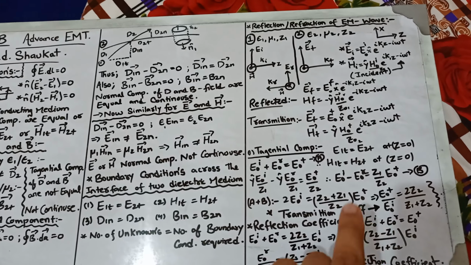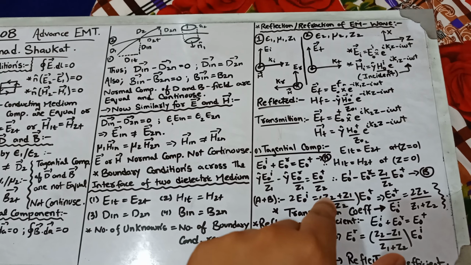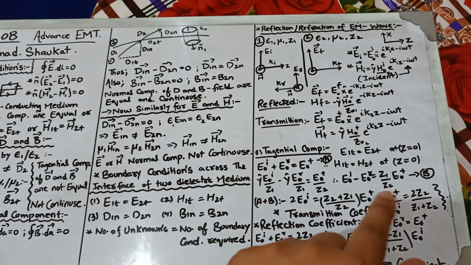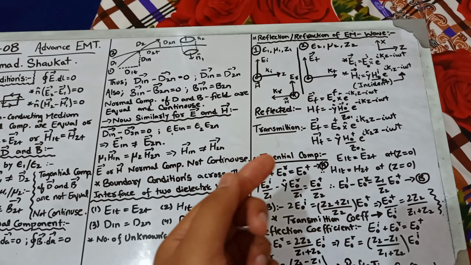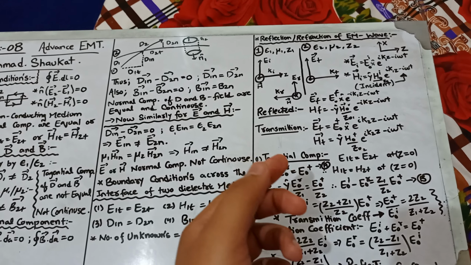So y cancels with y, and you will only be left with this. This is your equation number B, because we need E_0r, which is one unknown, and E_0t, which is the other unknown.